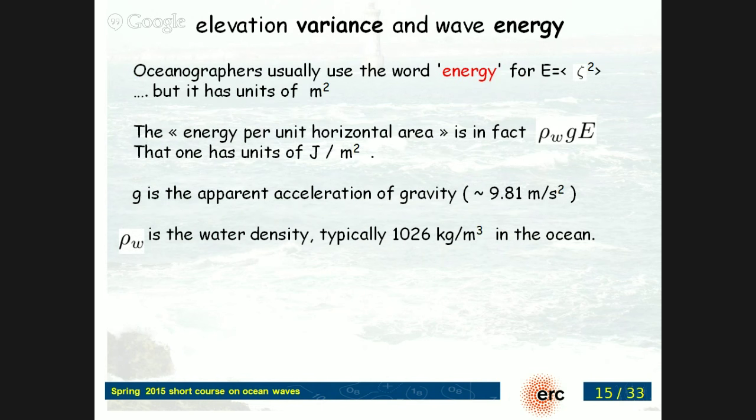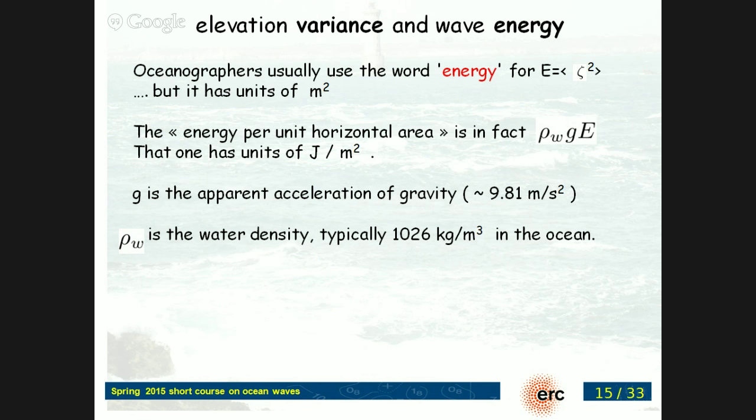Oh yeah, and I said that before, but we call the variance energy. So we usually use the letter E for this variance of sea surface elevation. This is the average of the squared difference between the mean sea surface and the sea surface elevation, so the variance of zeta. The zeta elevation has units of meters, and so the variance has units of meters squared.